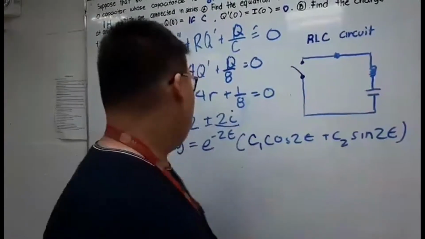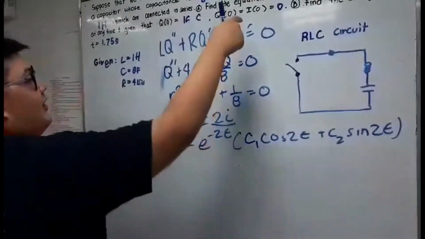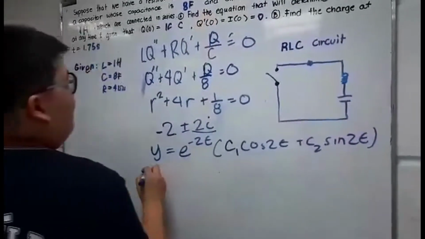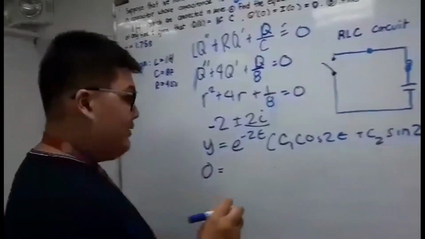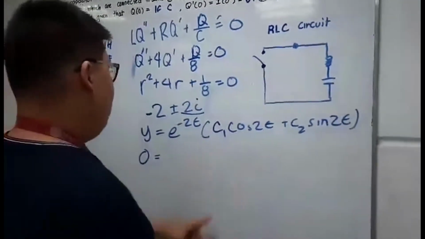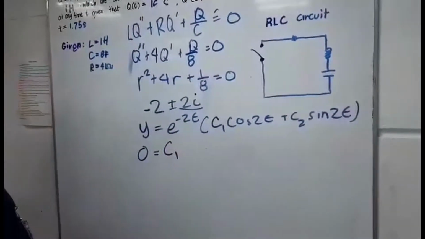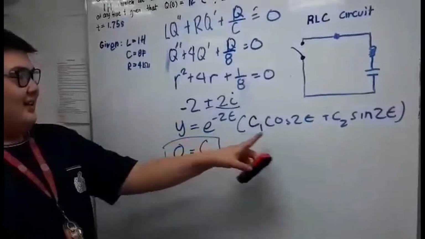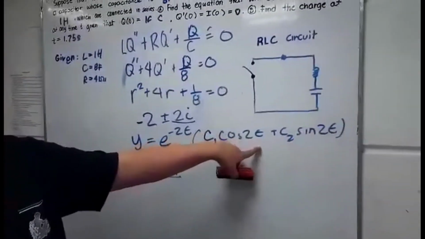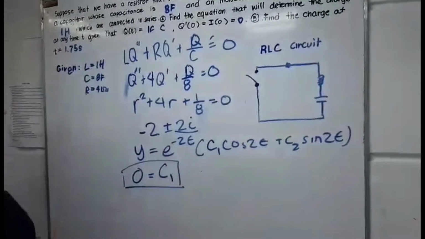So we have y of 0. So we have 0 is equal to e to the 0. Anything raised to 0 is 1. Cosine 0 is 1, so as you can see, it's just 0.